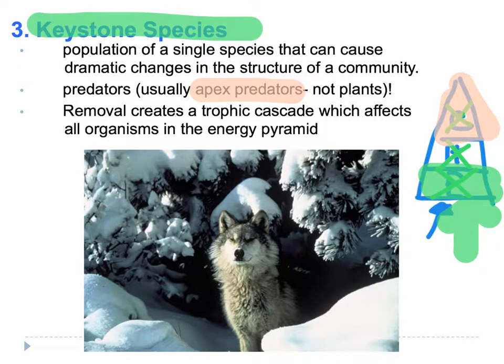And if you remove that apex predator, the number of herbivores increases, which means the amount of producers drastically decreases. So the top predator is actually important in keeping an ecosystem intact.